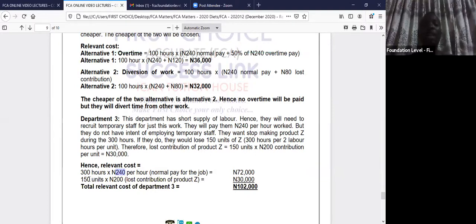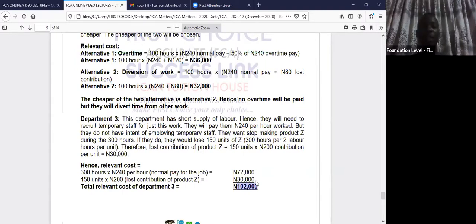Now that 150 units that you lost, the lost contribution is 200 naira each, giving you 30,000. You add this 30,000 to the normal 720 and you get 102,000. That's the relevant cost for the third department.